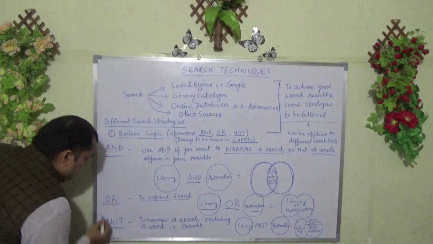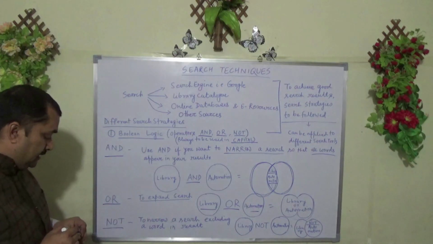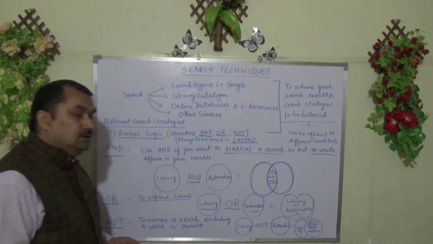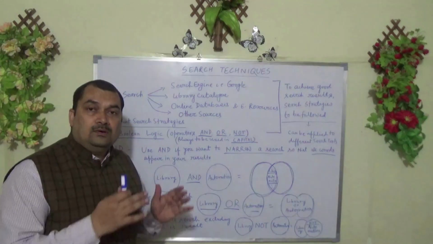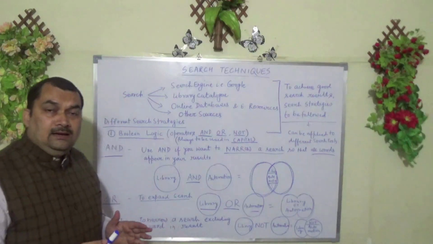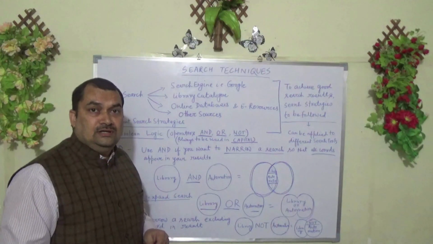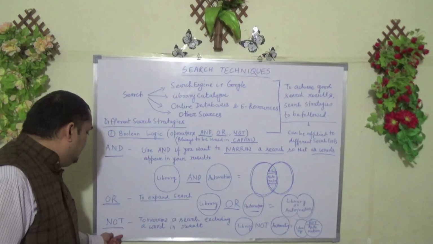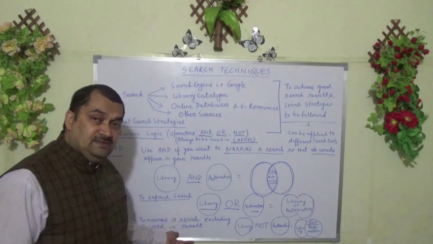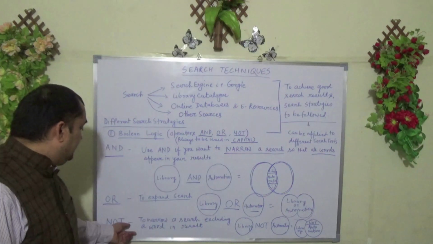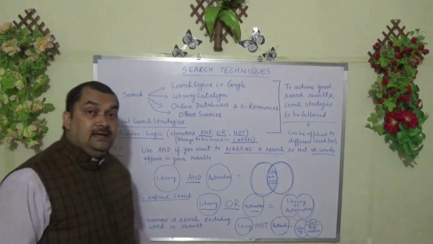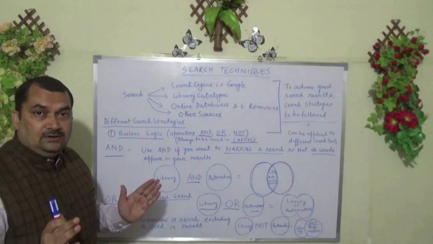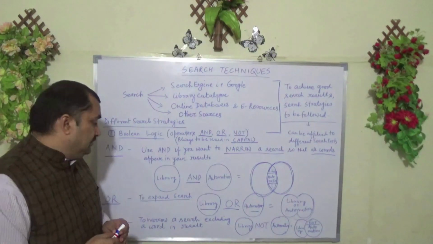Now the third one is very important, but we use it very less. We exclude some of the words from our search keywords, and we do not allow the search engine to fetch that information from the database. So we use this operator. The basic purpose of using this operator is to narrow search by excluding some words from our search keywords.